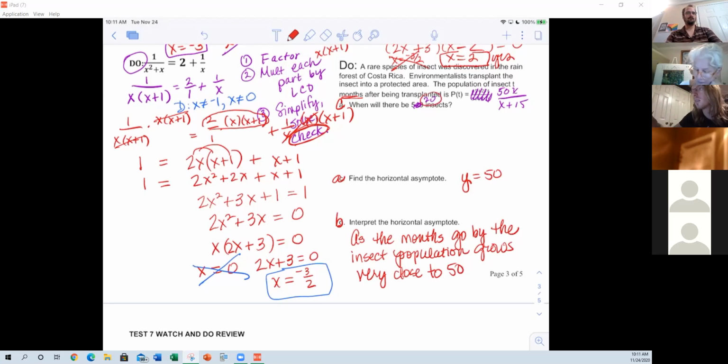Plug 20 into X. Okay, so X represents the number of months, and I really should have put T. We're talking about when there are going to be 20 insects, so we're trying to find what the X is, right? So we're going to say 50, and it really should be T.